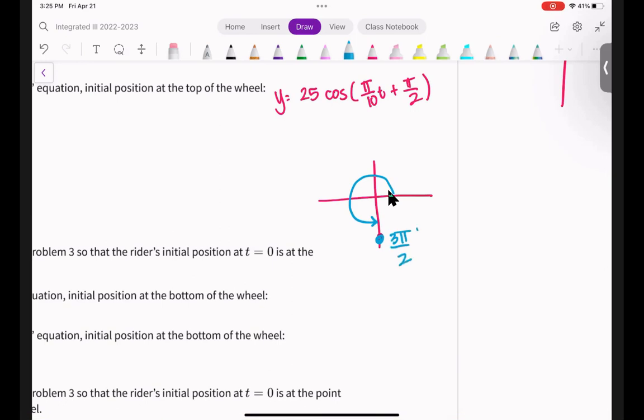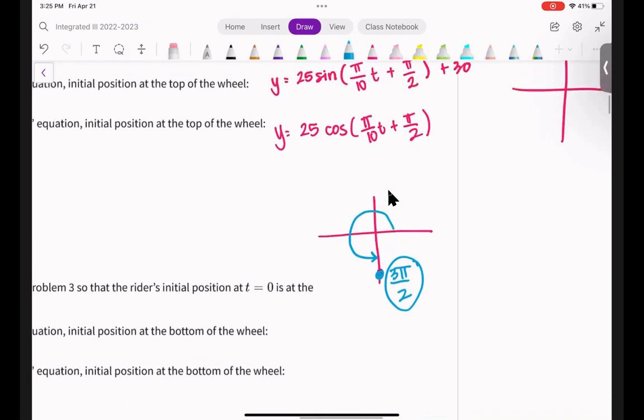So now what am I going to do with my 3 pi over 2? And some of you are like, oh, Ms. Johnson, just add it. Instead of adding pi over 2 like you did before, add 3 pi over 2. So exactly.